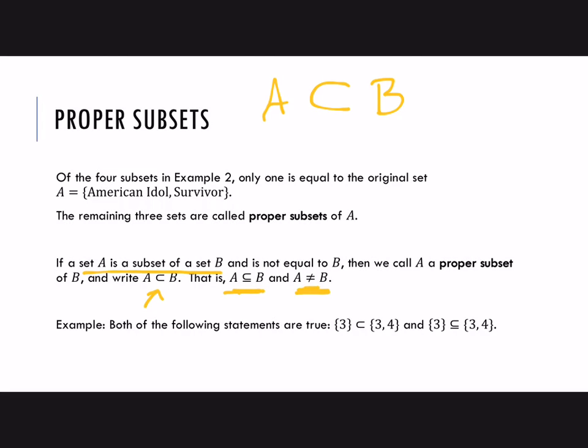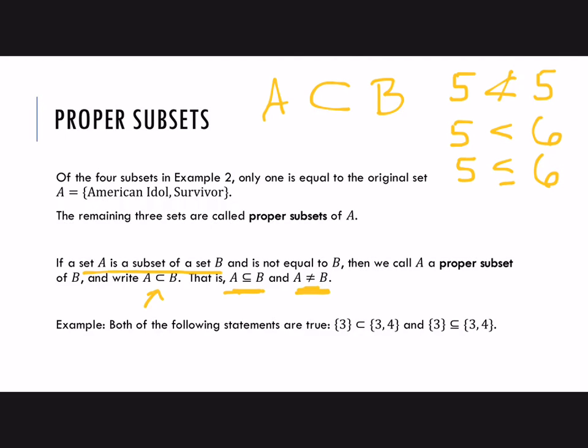So it's like strictly smaller than. This is similar to the less than symbol. It's not true that 5 is less than 5 because they're equal. But it is true that 5 is strictly smaller than 6. And it's also true that 5 is less than or equal to 6. So sometimes you can use both symbols.